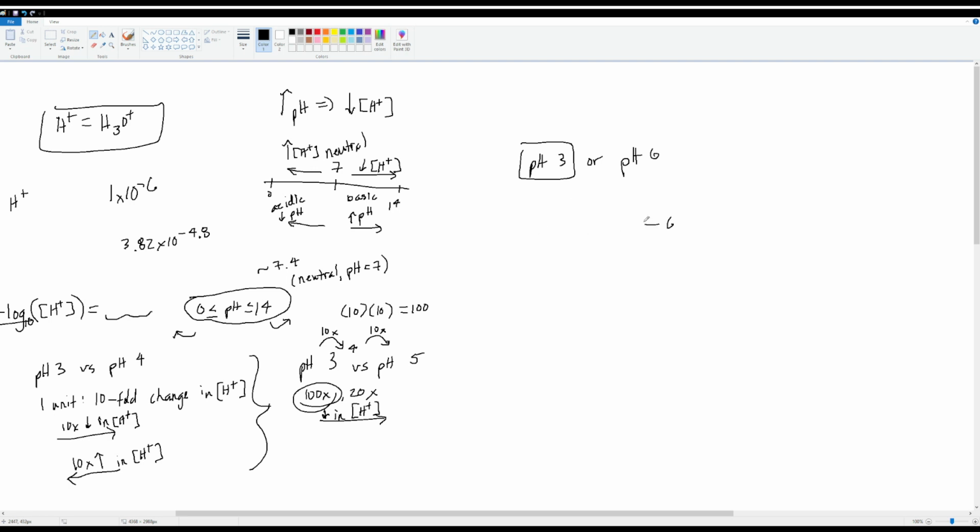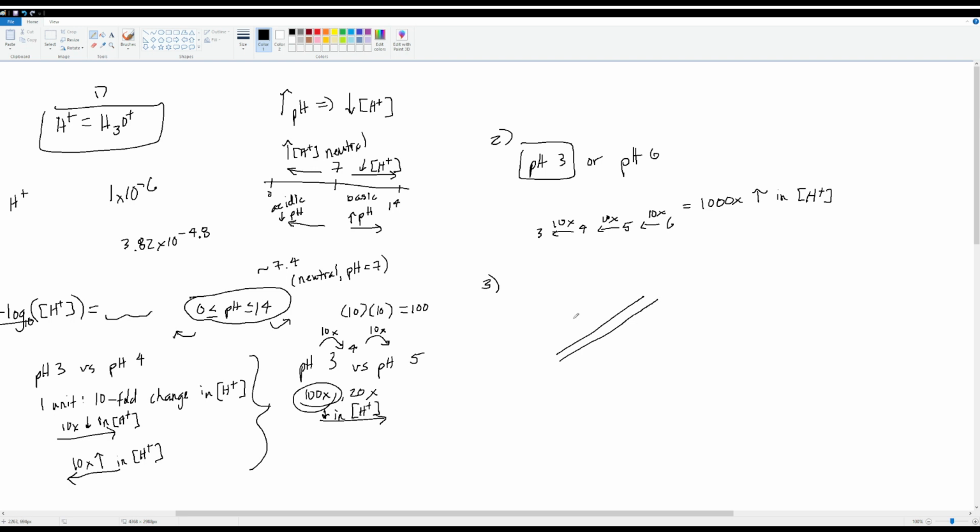So to go from 6 to 5 is 10 times. 5 to 4 is 10 times. 4 to 3 is 10 times. 10 times 10 times 10 is a 1,000 times increase in our H plus concentration. Perfect. Okay, so that was question 2. Here was question 1.